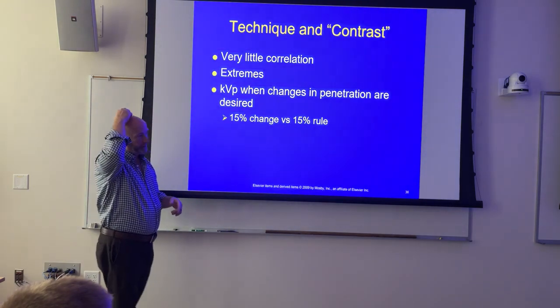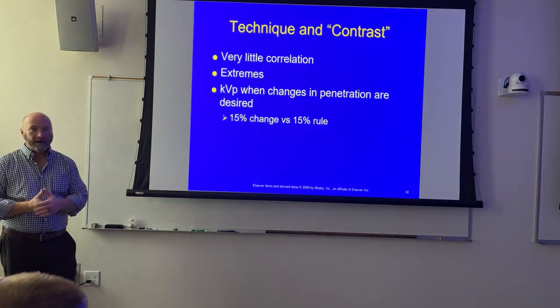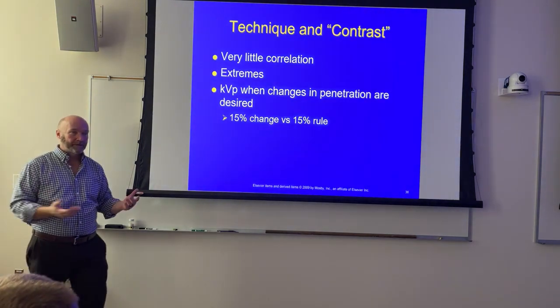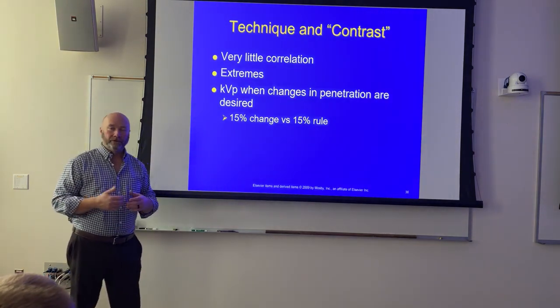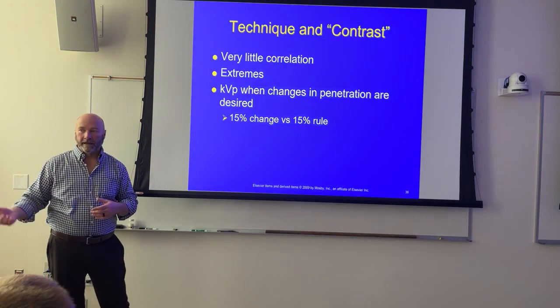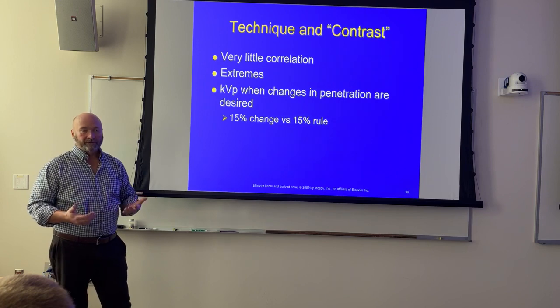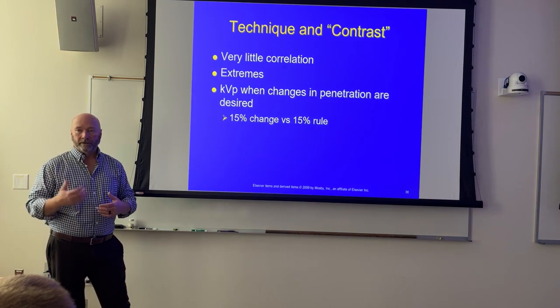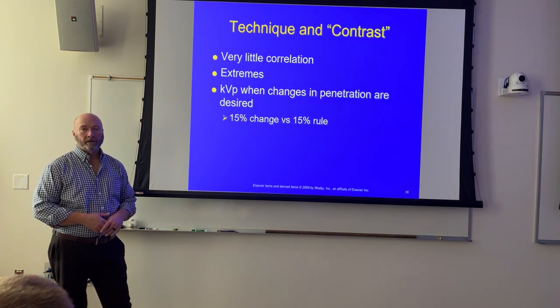Let's say we're doing a KUB on a pregnant patient, or even an IVP, which happens sometimes, or an L-spine in the ER. You're probably going to run into that scenario at some point in your career if you're working diagnostic x-ray with a heavy ER load. Sooner or later, you're going to have to do an L-spine or a KUB on a pregnant patient in a trauma situation.